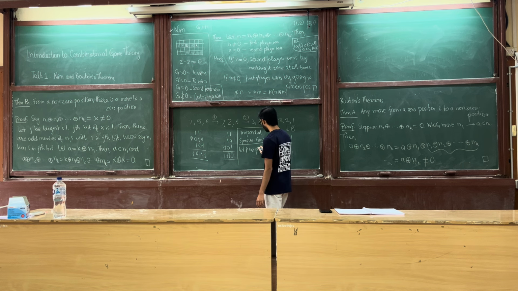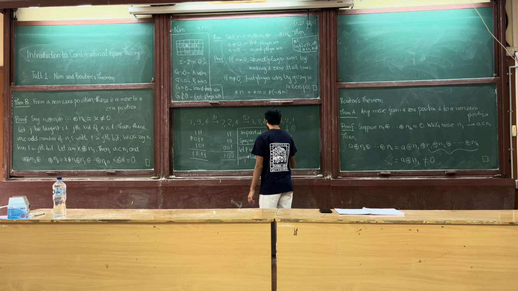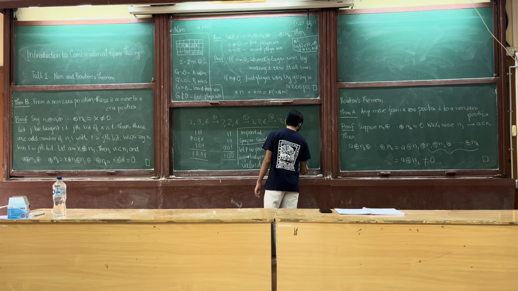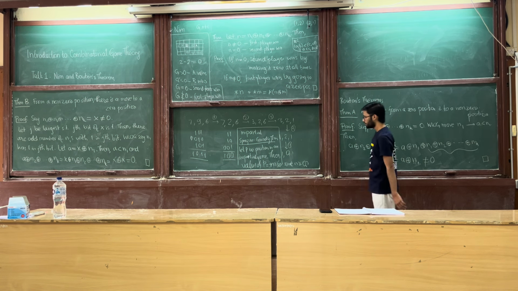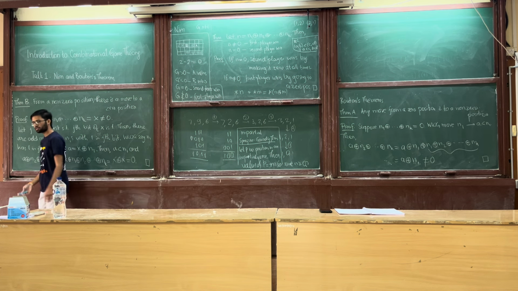So let P be a position in an impartial game. Then the value assigned to that is just star n for some n.